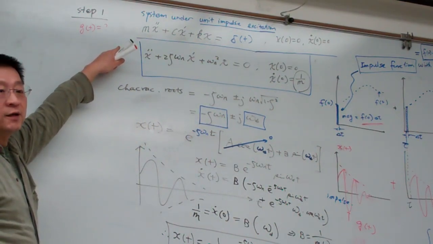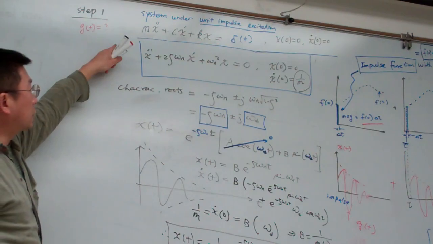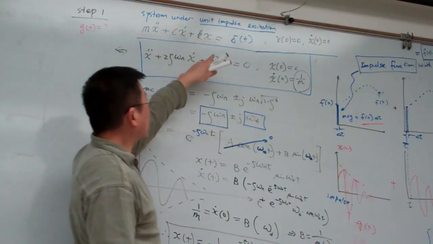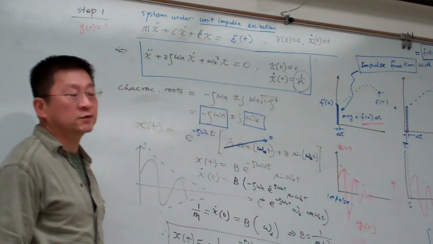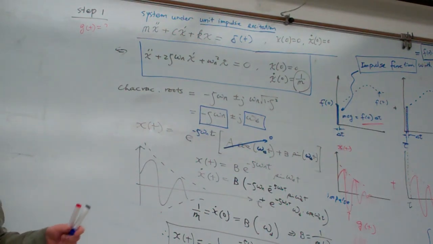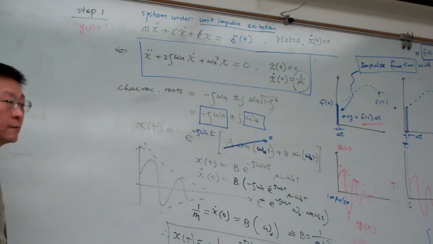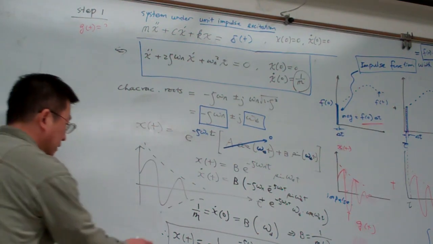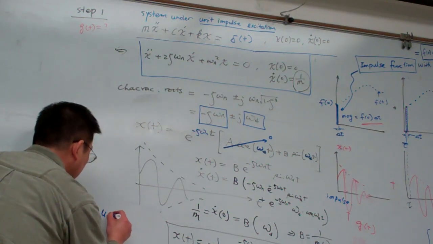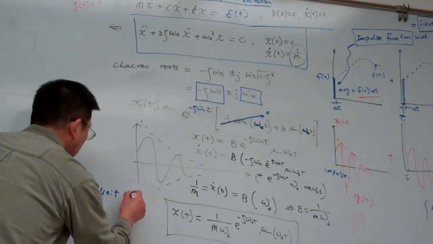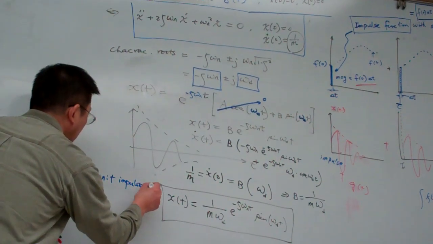This generic formulation we call the system under unit impulse excitation. So the system response to the unit impulse excitation is this answer here, and it has a particular name: it is simply called the unit impulse response.